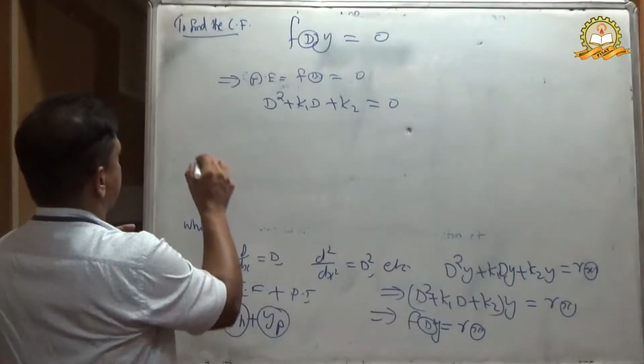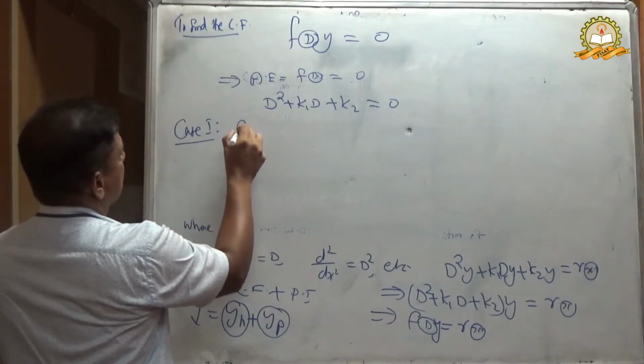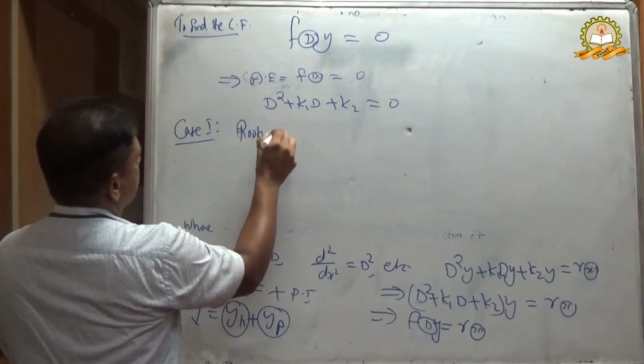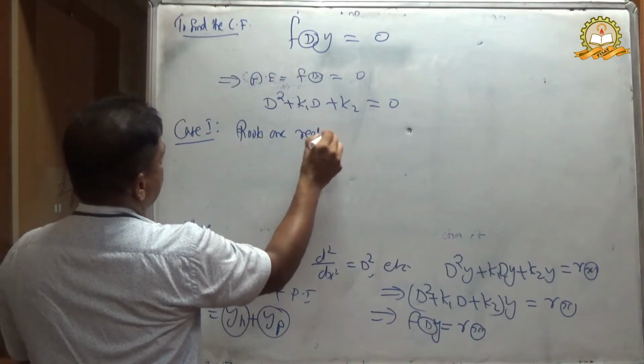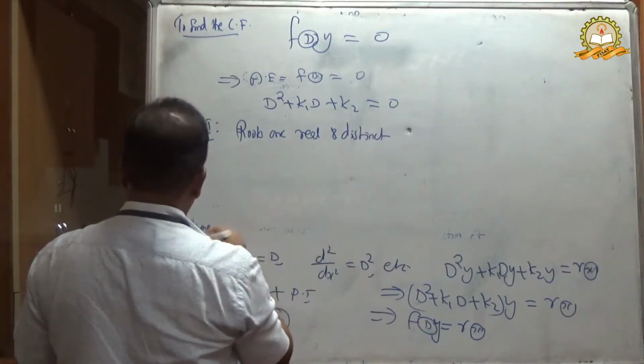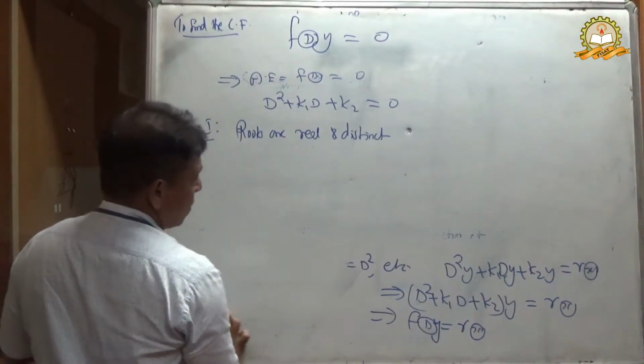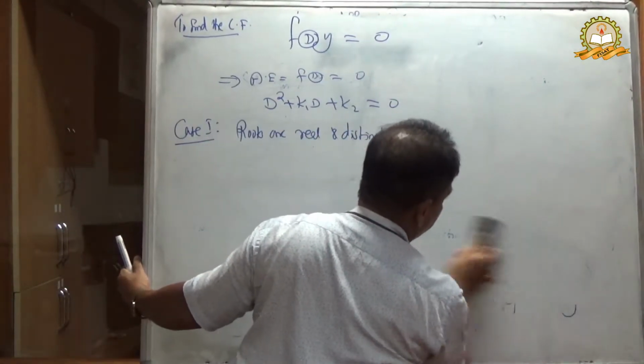Case 1: roots are real and distinct. Then how can we write the complementary function?